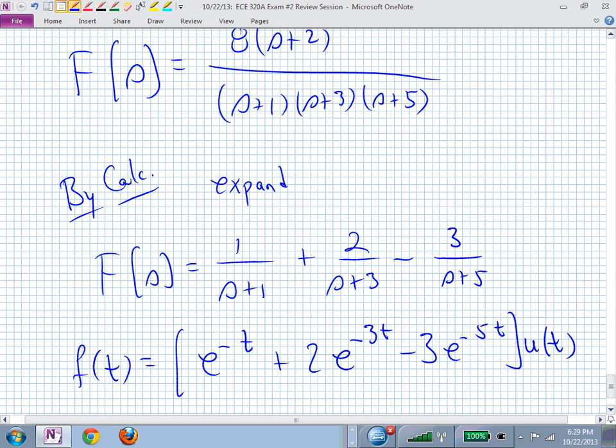So what I would do, especially if you're running short on time, you should be able to, by inspection, write down this middle structure and just say A over S plus 1 plus B over S plus 3 plus C over S plus 5. Write down the time domain equation and say, okay, if I have a little bit more time, I'll find the A, B, and C. But you could even set those up as an equation.